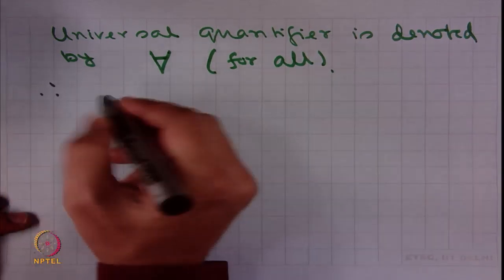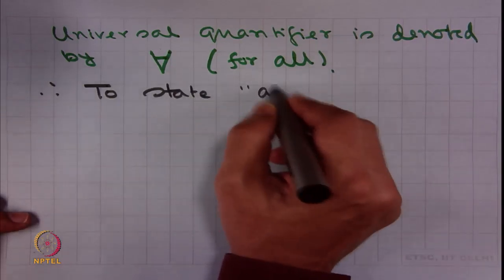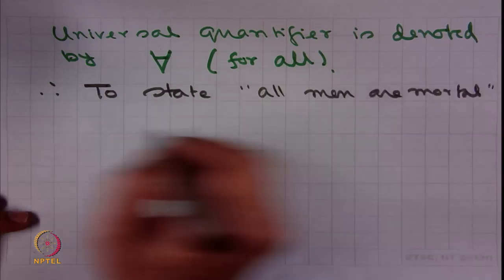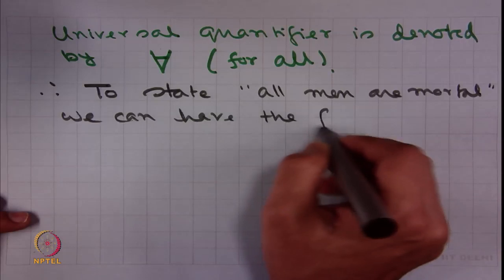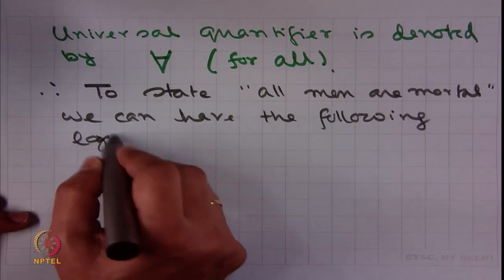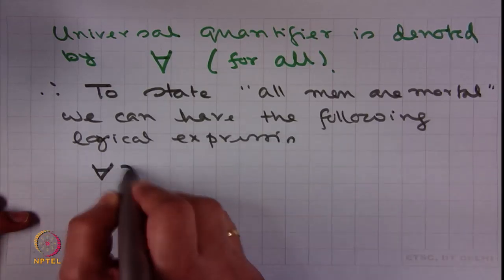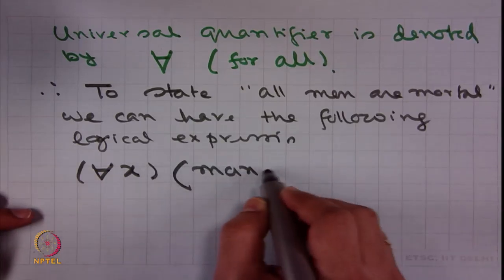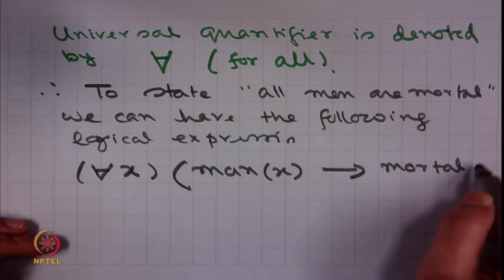Therefore, to state all men are mortal, we can have the following logical expression. For all x, man x implies mortal x.